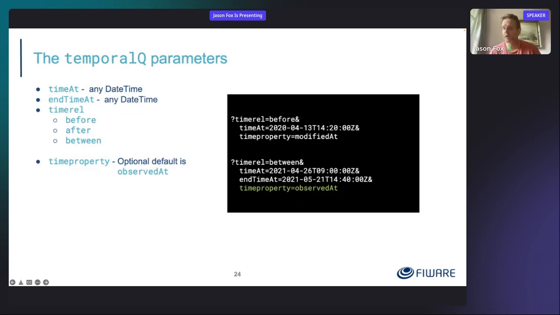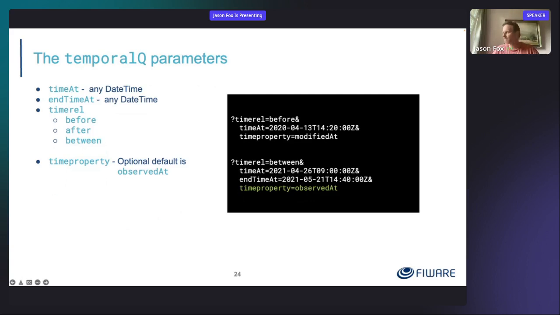Similar to the geoquery, observed at is the default, like location is the default, but you could have additional ISO 8601 dates, which you could add in as additional subparameters if necessary, like, I don't know, tested at, let's say.